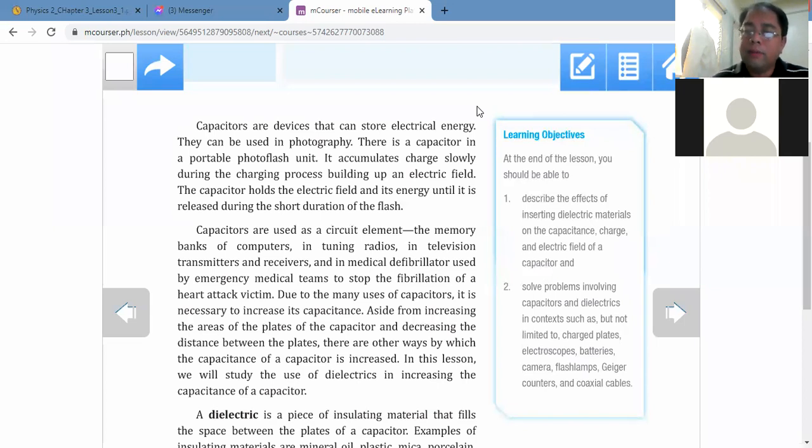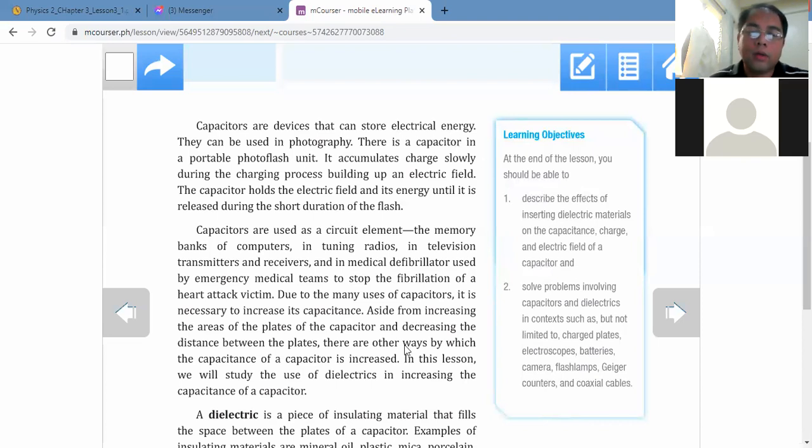But as the charges inside the capacitor are drained or discharged, the light that comes from the bulb eventually glimmers, and then eventually it fades away.